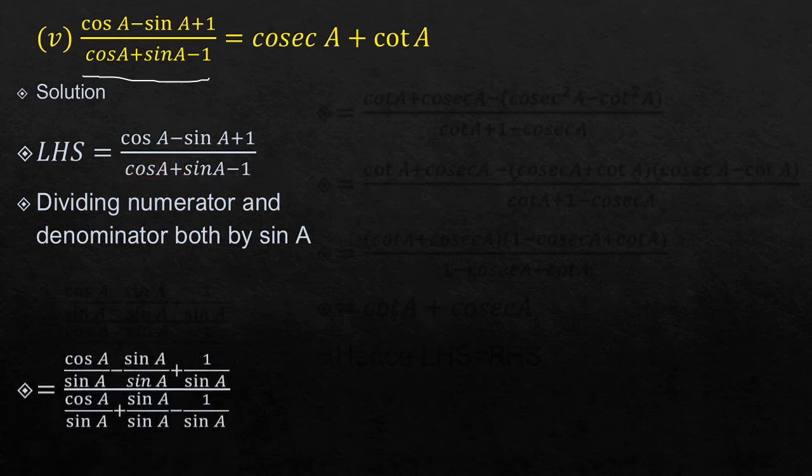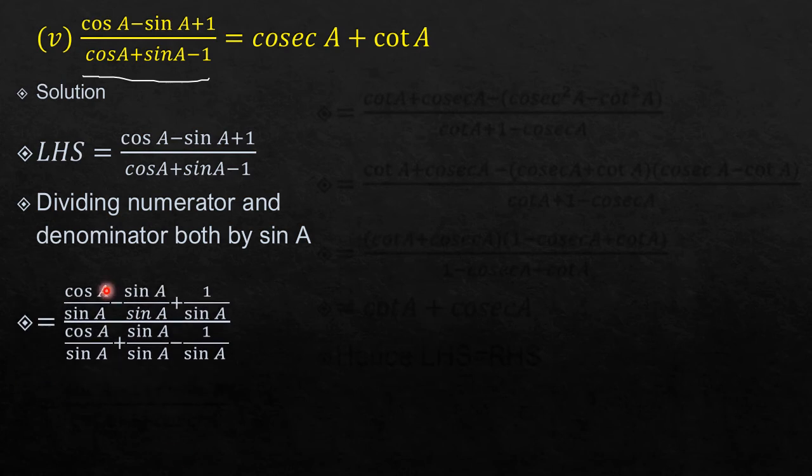See how. So you get from here cos A upon sin A minus sin A upon sin A plus 1 upon sin A. These three terms are divided by sin A. Now divide denominator by sin A. So you get cos A upon sin A plus sin A upon sin A minus 1 upon sin A. Now what will you get? Sin A cancels down.